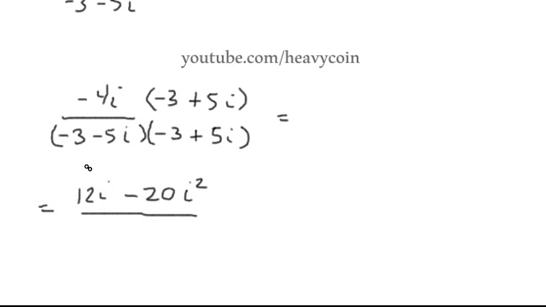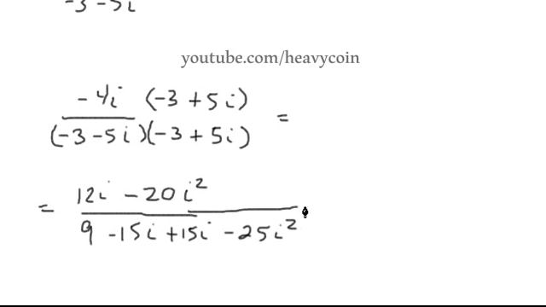Alright, over, so -3 times -3 is 9. -3 times 5i is -15i. And then -5i times -3 is positive 15i. And -5i times positive 5i is -25i squared.